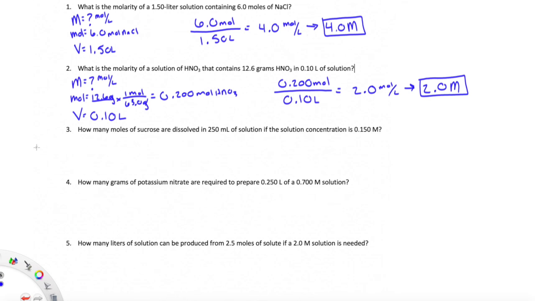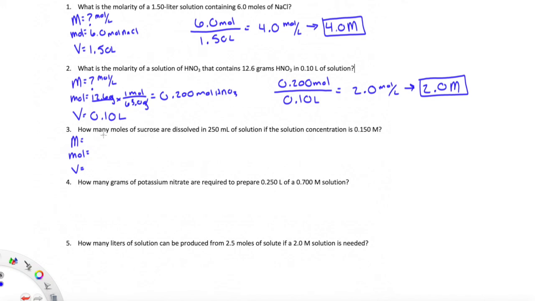Now let's go ahead and do number 3. Again, I'm going to do the same thing I did with the top two. I need molarity, moles, and volume. All right, so this question says how many moles of sucrose are dissolved in 250 milliliters of solution if the solution's concentration is 0.150 molar.